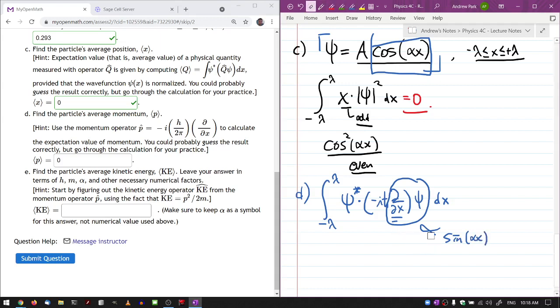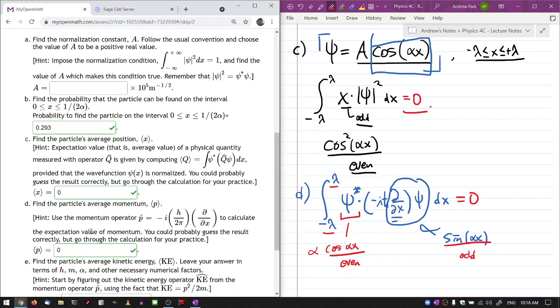So what you have again is the function on this part, cosine of alpha x, which is even. Sine of alpha x is odd, over a symmetric interval. So an even function times an odd function, integrated over a symmetric interval, is going to integrate to zero. That's why it's zero here.